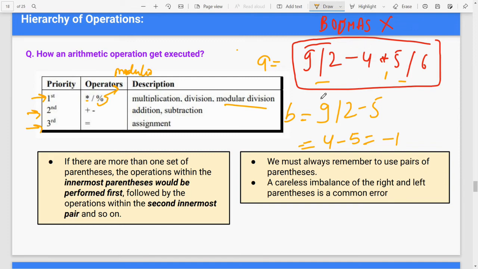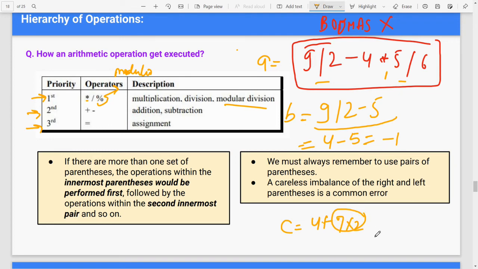For the sake of simplicity, just understand that if you are given a single operator, you can do this type of thing on the basis of the priority list. So try this: C is equal to 4 minus 7 into 2. Or maybe 4 plus 7 into 2, where you do the multiplication first and then proceed.